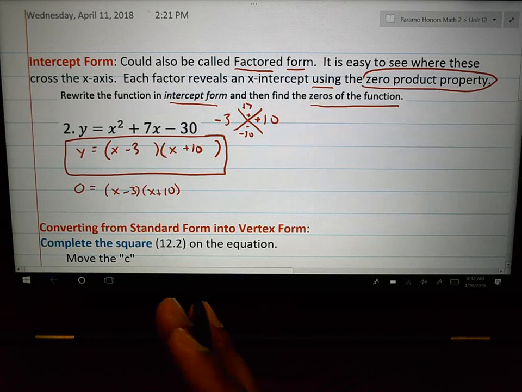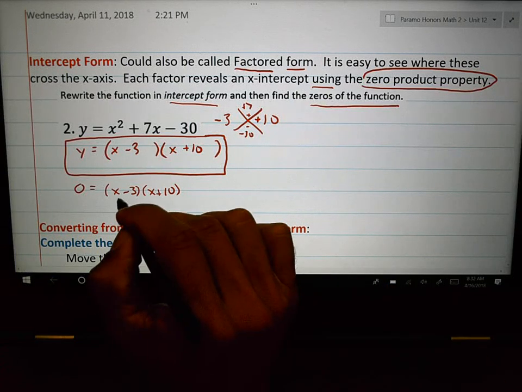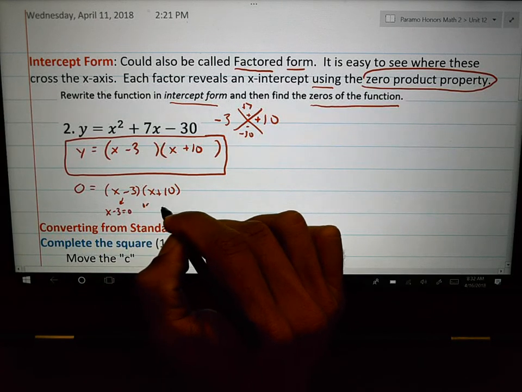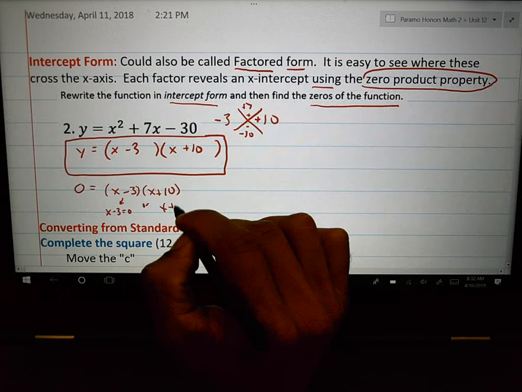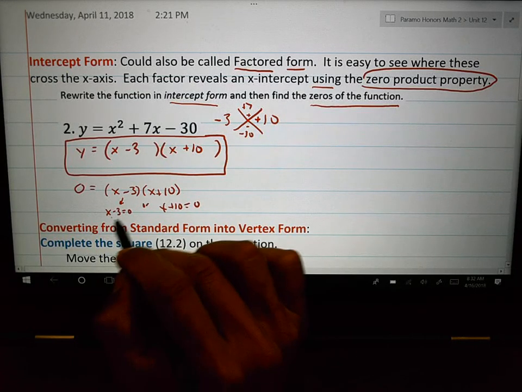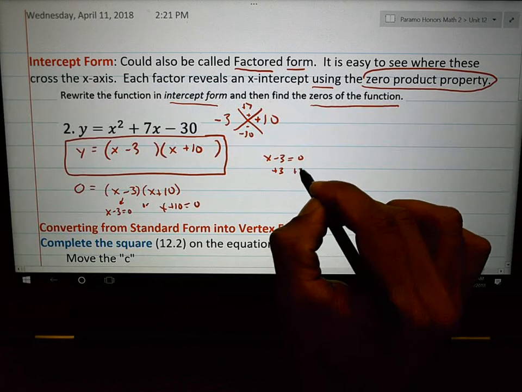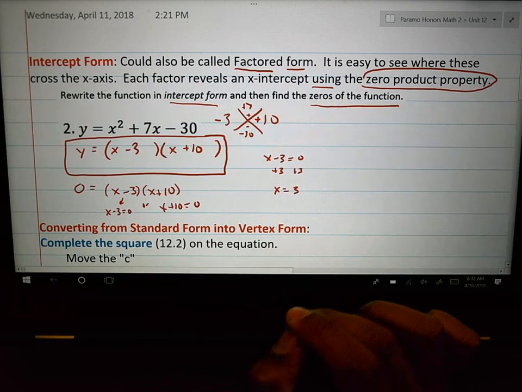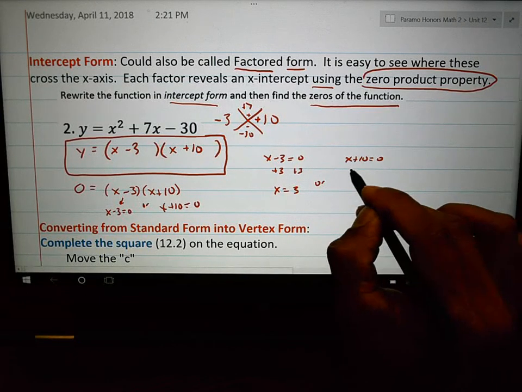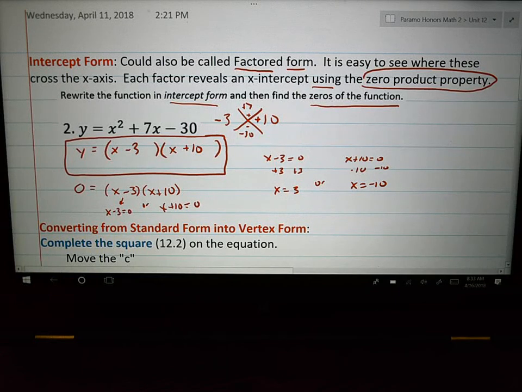Where does x minus 3 times x plus 10 equal 0? Either the first factor equals 0 or the second factor equals 0 or both. If the first factor equals 0, you would add 3 to the other side and x would have to be equal to 3, or x plus 10 equals 0 and you would subtract 10 from the other side and x would equal negative 10.